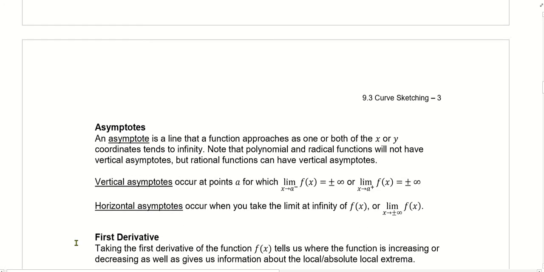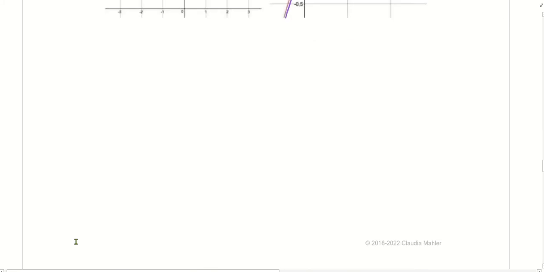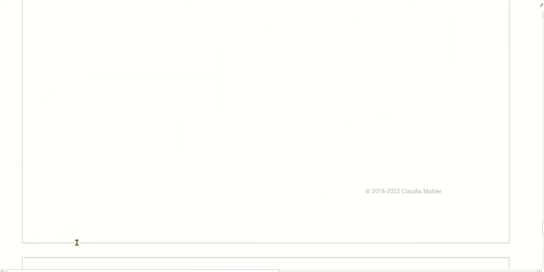So let's consider the domain of this function that we're going to graph. I'll label this as the first piece of information, which is the domain.